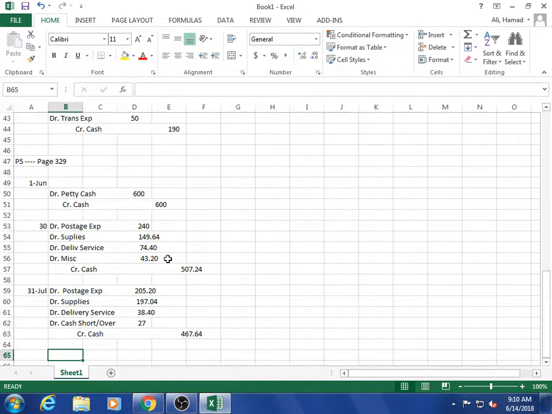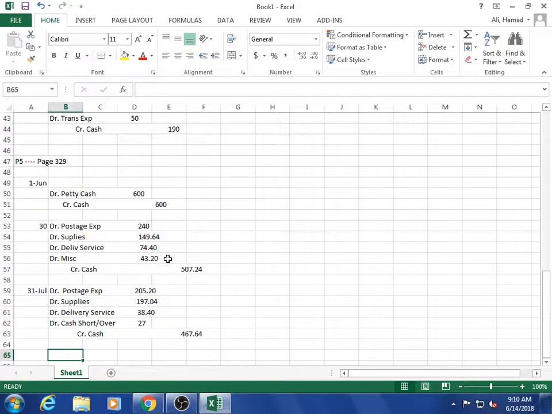All right, that's question number 1 for the petty cash. Question number 2: how do you connect accounting with this? It says here a charity reimburses volunteers for small out-of-pocket expenses such as parking and gasoline.